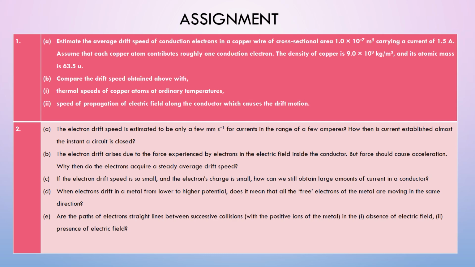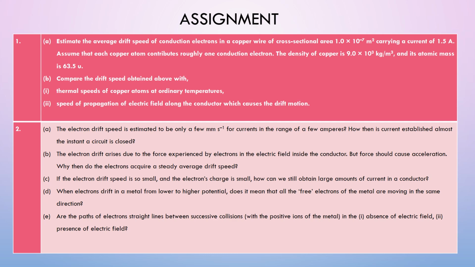The second question is a conceptual question which says the electron drift is estimated to be a few millimeters per second for currents in the range of a few amperes. Then how is the current established instantaneously? Okay, the force causes acceleration, but the electrons acquire a steady drift speed. That is the second question, why?